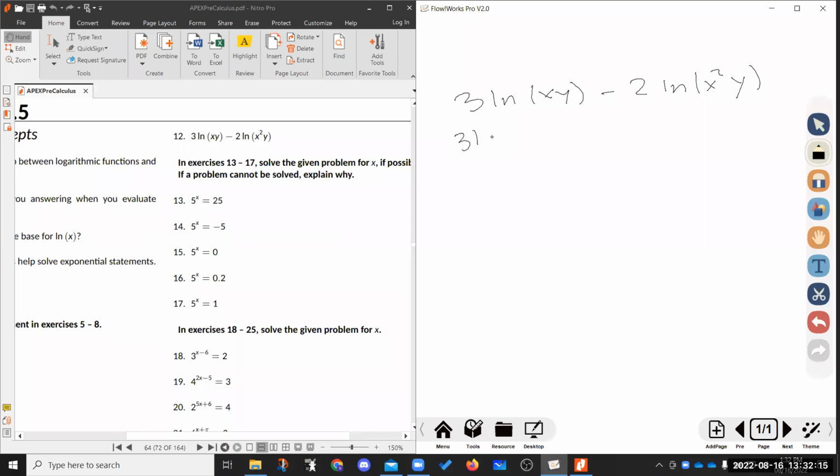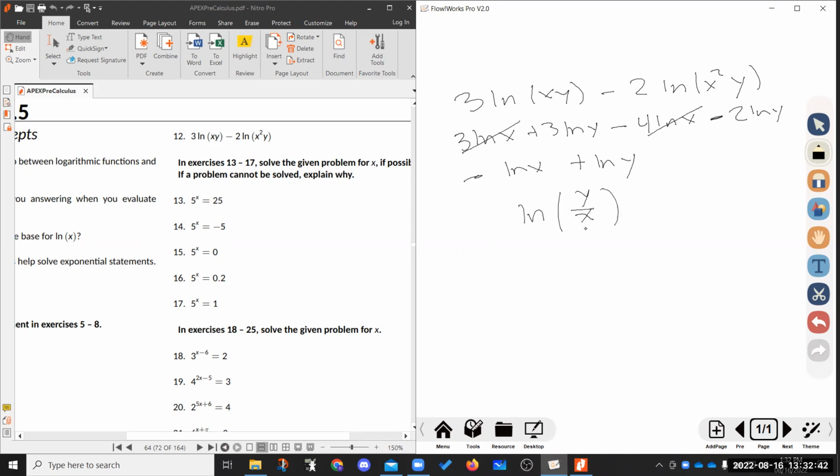So this is 3 ln of x plus 3 ln of y minus 4 ln of x minus 2 ln of y. 2 times 2 is 4. So I've got negative ln of x plus ln of y, which is ln of y over x.